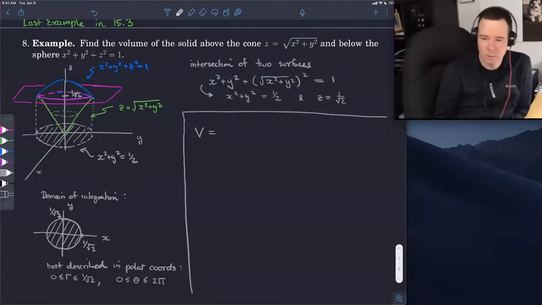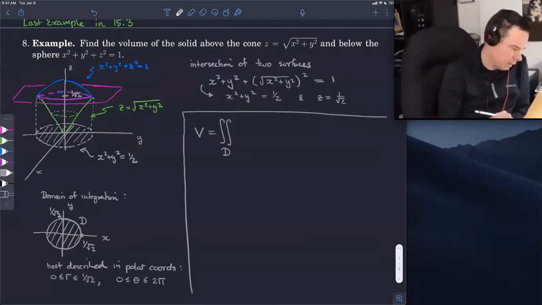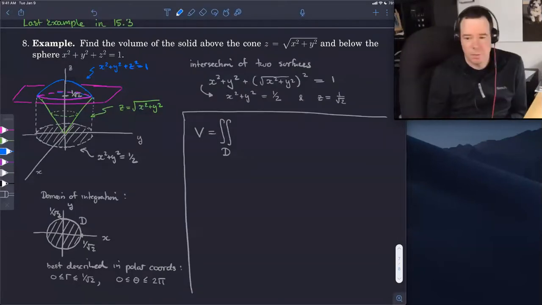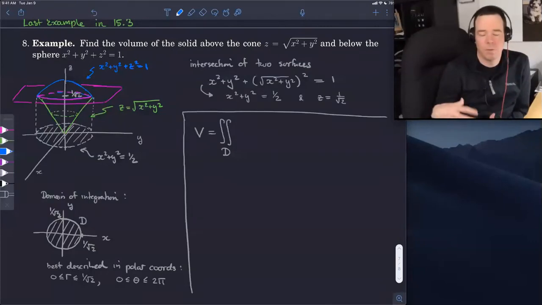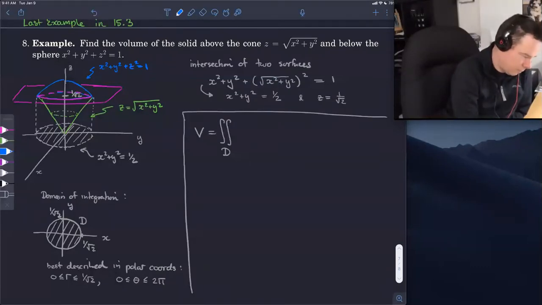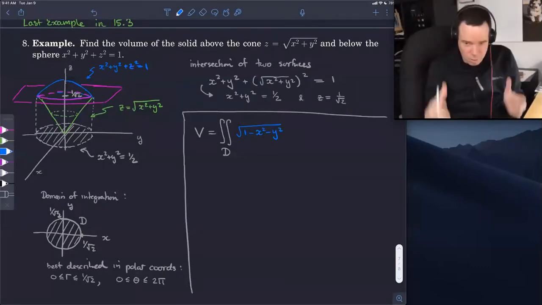So what is our volume? Our volume is going to be, let's integrate over that region. I'll call this region capital D for the domain we're integrating over. Now there's a couple of things we have to keep in mind here. We want to find the volume between the two. If I integrate over this domain the square root of 1 minus x squared minus y squared, that's the sphere, that gives us essentially the volume of the whole thing underneath the sphere all the way down to the plane.